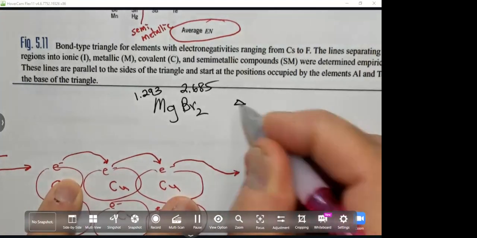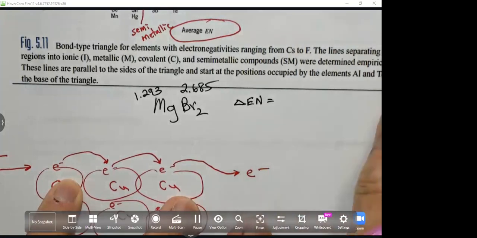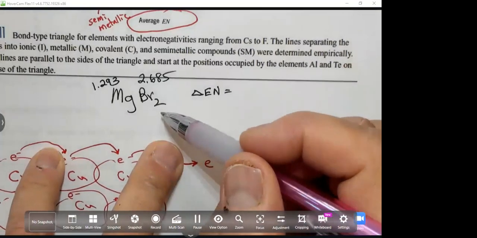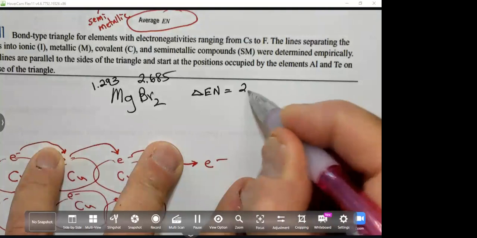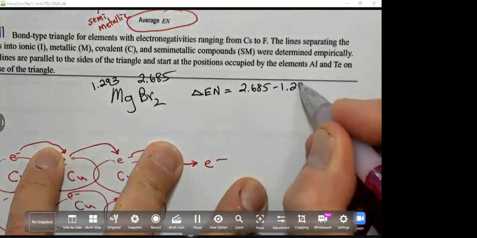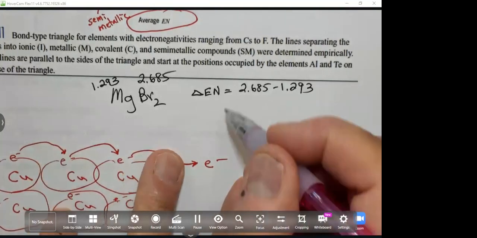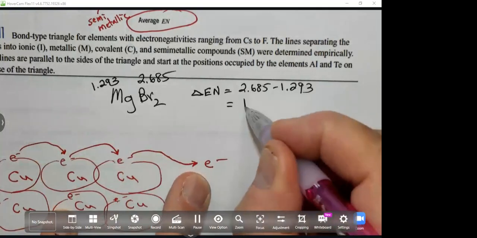So my electronegativity difference: it doesn't matter that there's two of them. You're just going to subtract. Let's just go large minus small. So my electronegativity difference is 1.392.